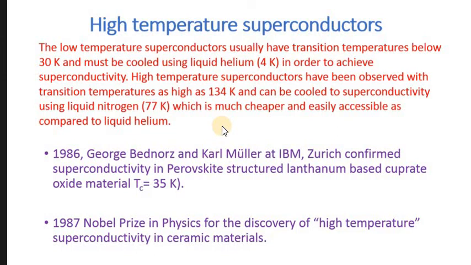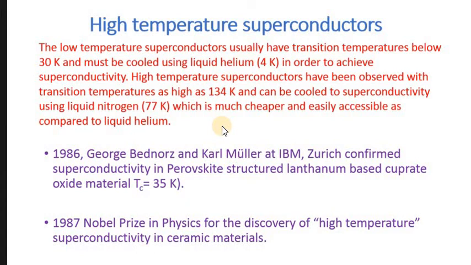High temperature superconductors have been observed with transition temperatures as high as 134 Kelvin and can be cooled to superconductivity using liquid nitrogen, which is much cheaper and more easily accessible than liquid helium, because the liquid nitrogen temperature is 77 Kelvin.